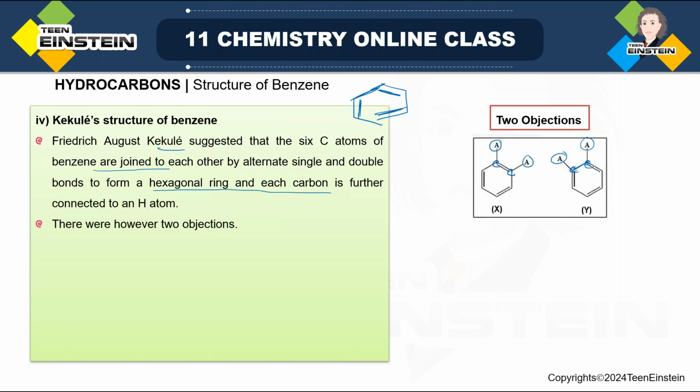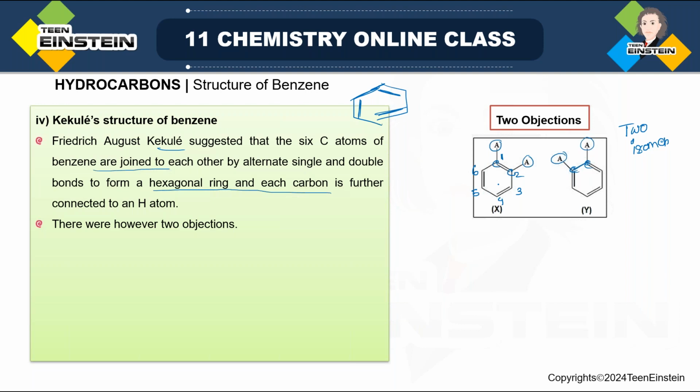But that means when you have any disubstituted benzene, there should be 2 types of isomer, right? If you consider this Kekule explanation, he is saying that there are alternate double and single bonds, and their positions are fixed. So if the position is fixed, I can also do some numbering. Suppose let me put some numbering 3, 4, 5, 6.